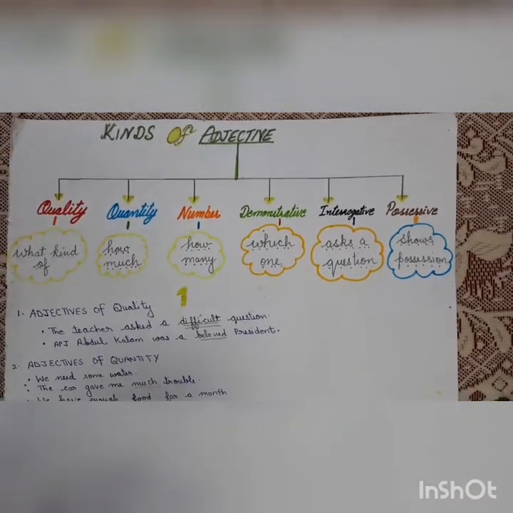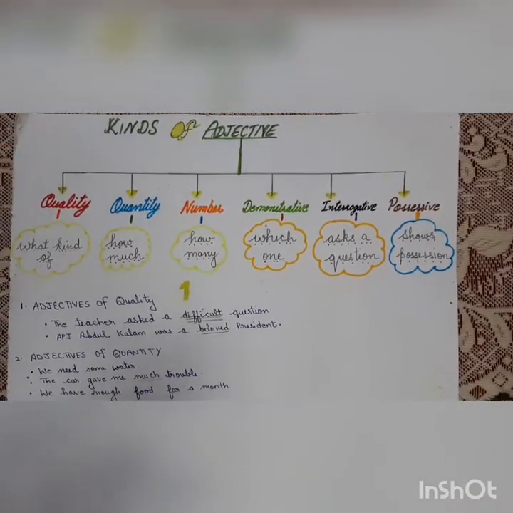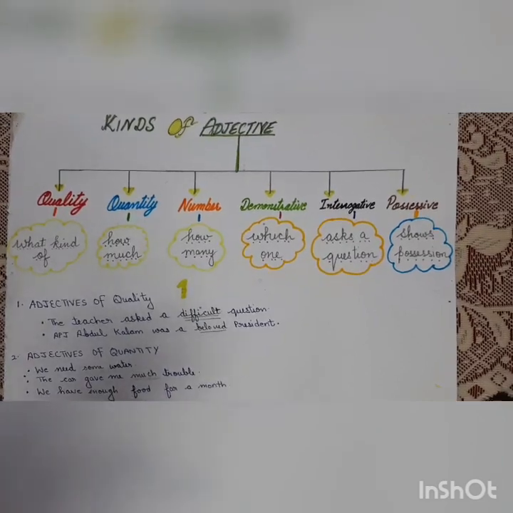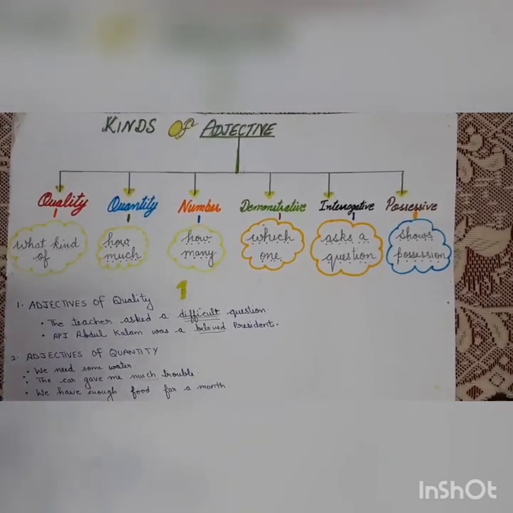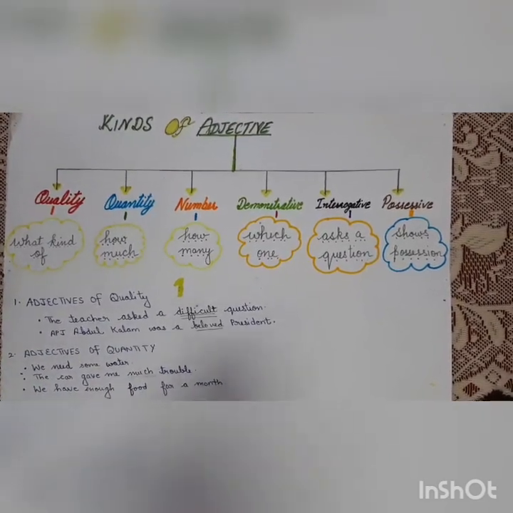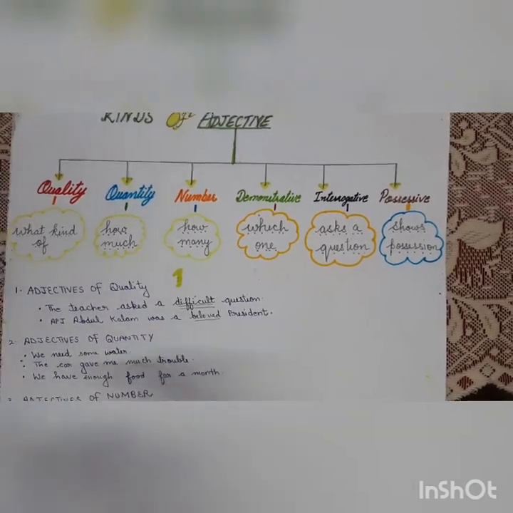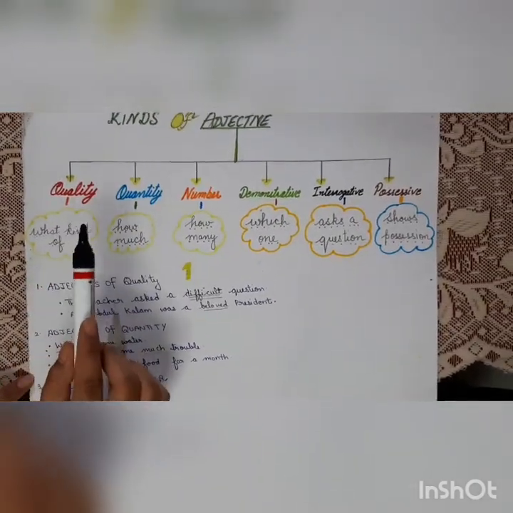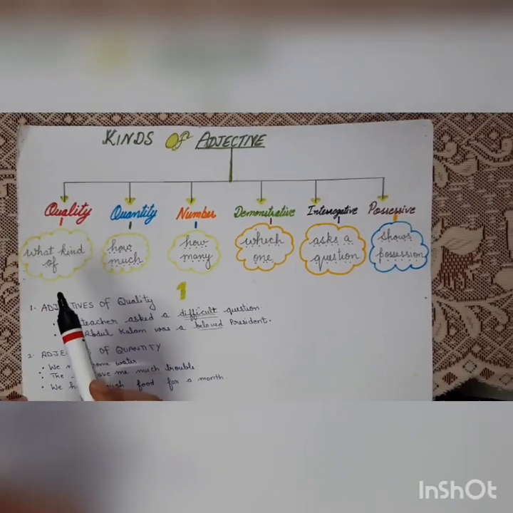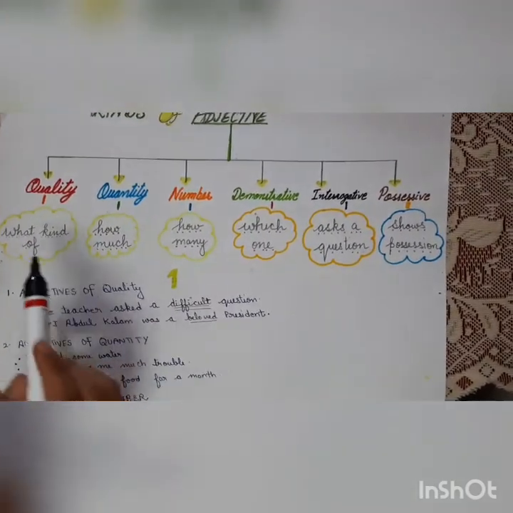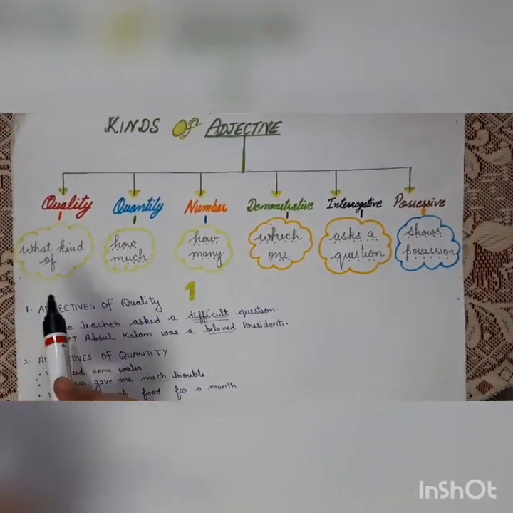Now I will be sharing with you a trick and then it will be easy for you to find out adjective in a sentence and identify its kind. Adjective of quality answers to the question what kind of.